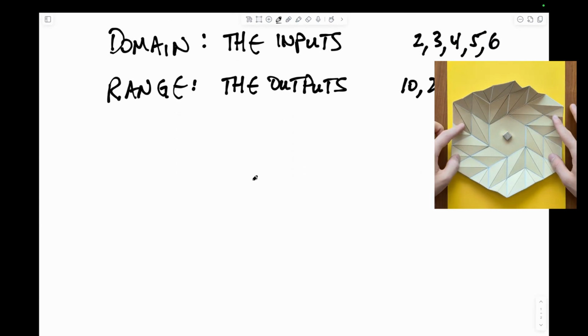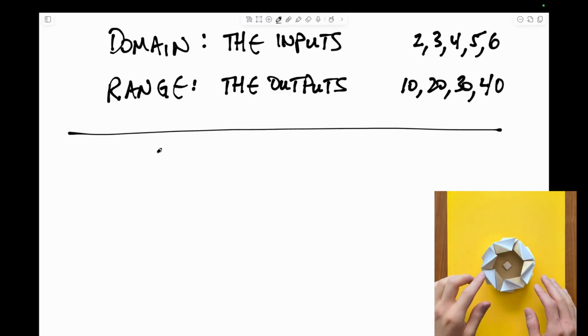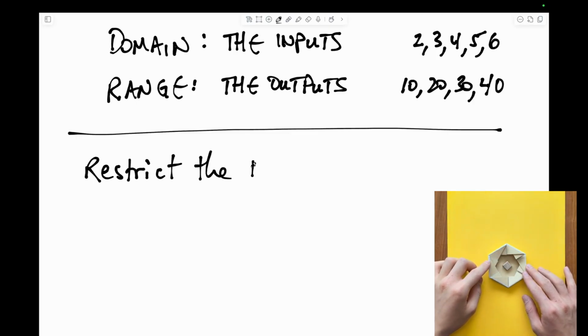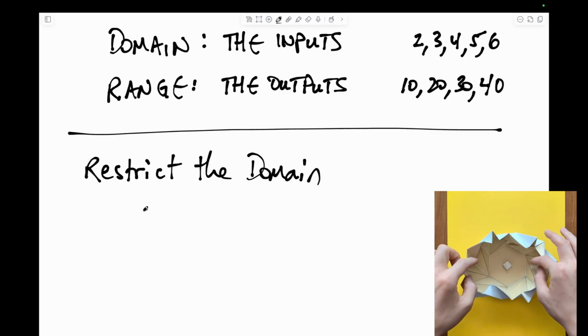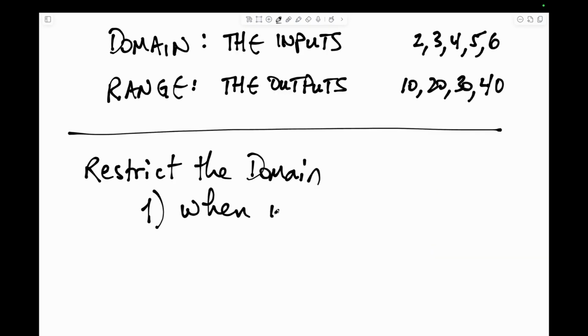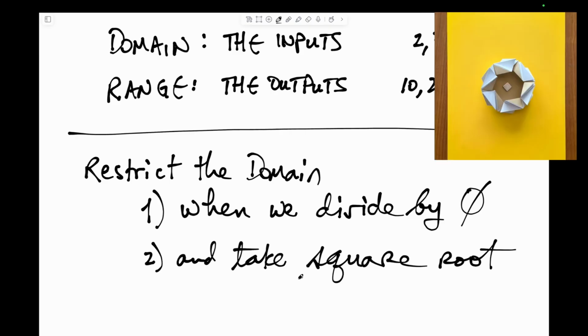There are two things that make us restrict the domain. Those two things: when we divide by 0, and when we take the square root of a negative number.